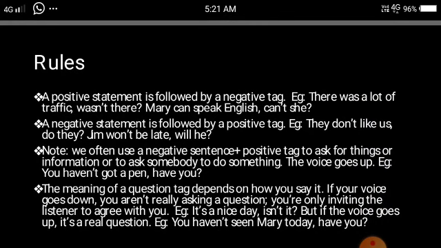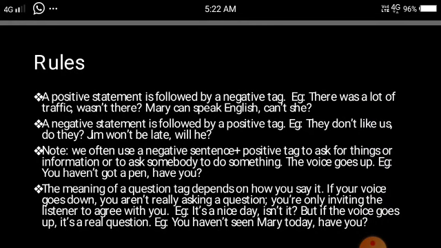It is positive. You will change it to negative by making it was plus not, wasn't, and you're going to write it as W-A-S-N apostrophe T. There is the pronoun which you are going to repeat and then put a question mark.